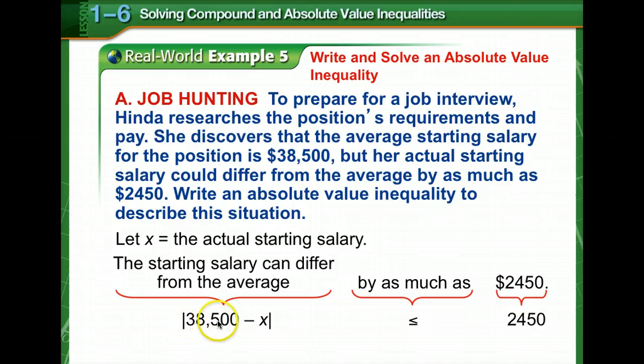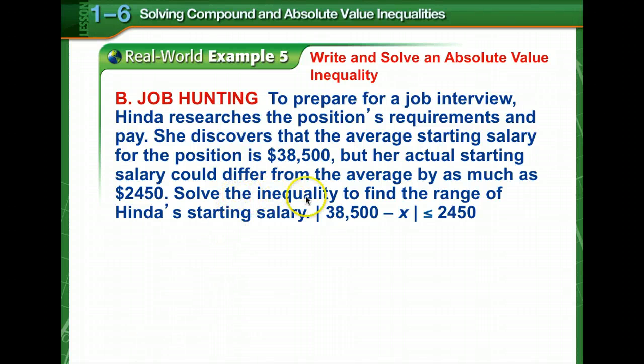So if we let x be the actual starting salary, the difference is less than or equal to $2,450. It could differ by that much. So here's our inequality that describes the situation.